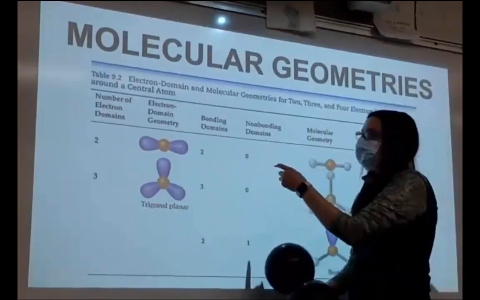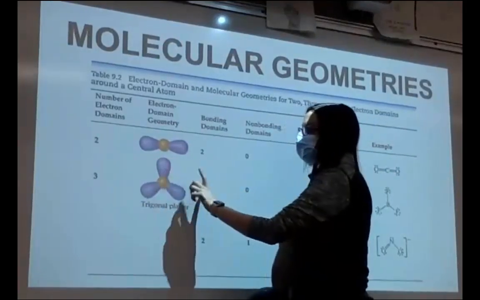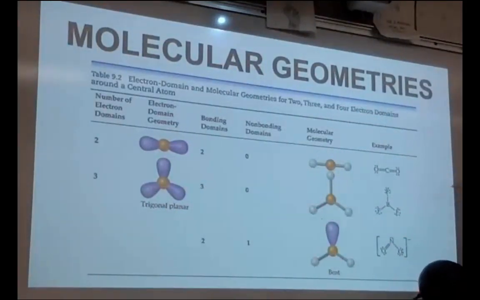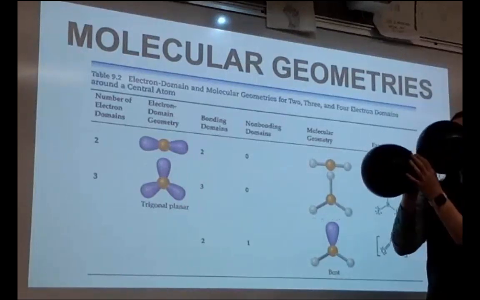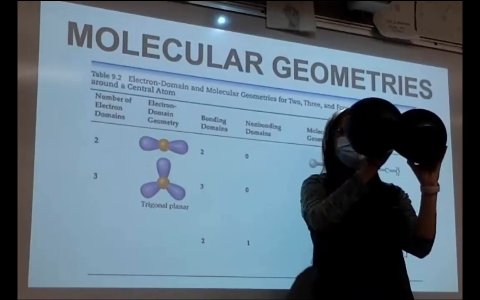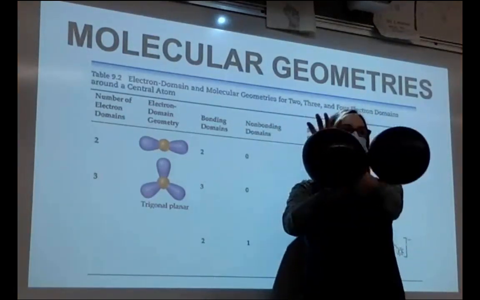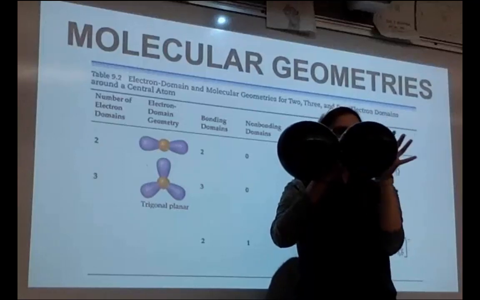So what we're going to do is look at each of the fundamental shapes and how making changes to the fundamental shape affects the geometry. With all of these balloon shapes, imagine that the very middle where I'm holding is the central atom, and each balloon is a bonded atom.